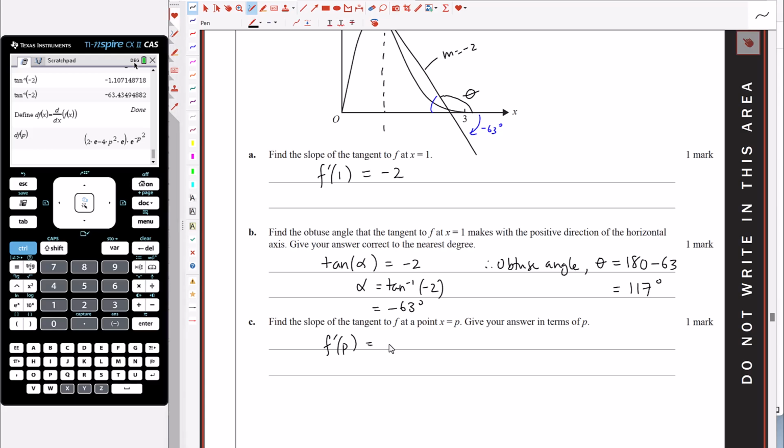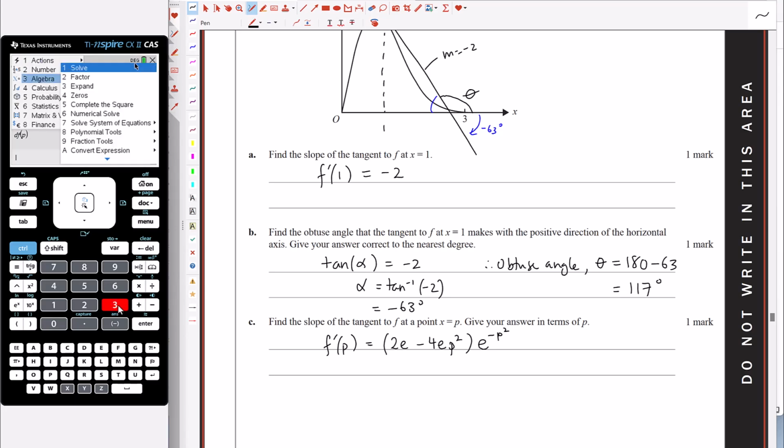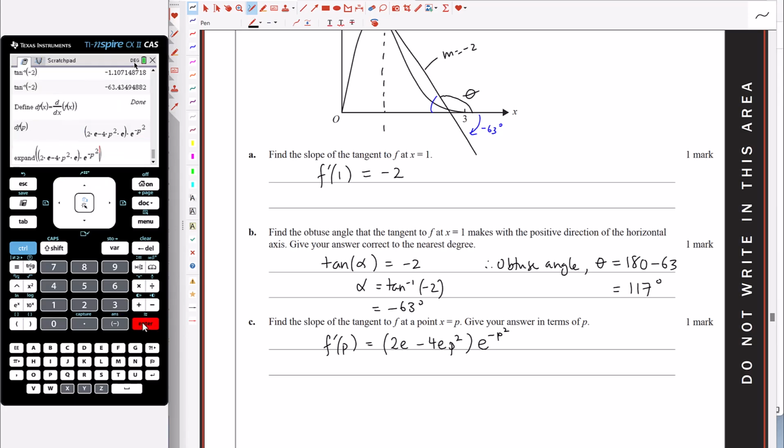So it's going to be 2e minus 4e p squared times e to the negative p squared, which is a really weird way of writing that. I find the CAS does really weird things in terms of unnecessary factorization. No, sorry, I was thinking that was e to the p squared there, so they were going to cancel that.